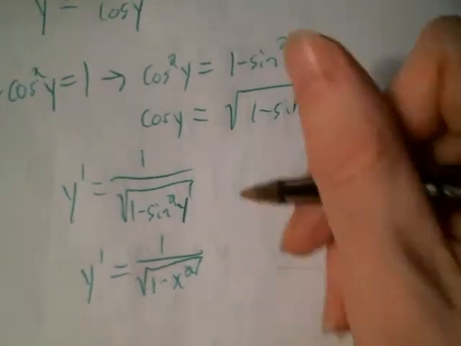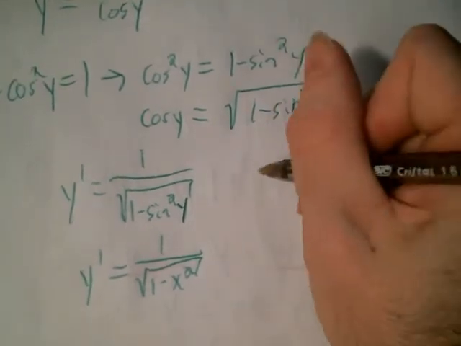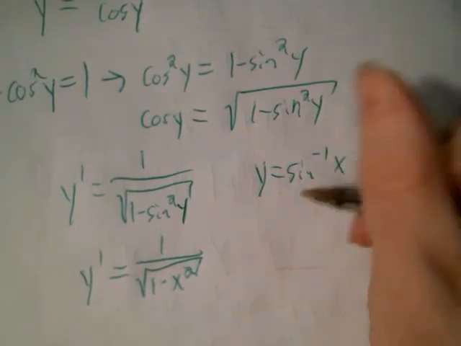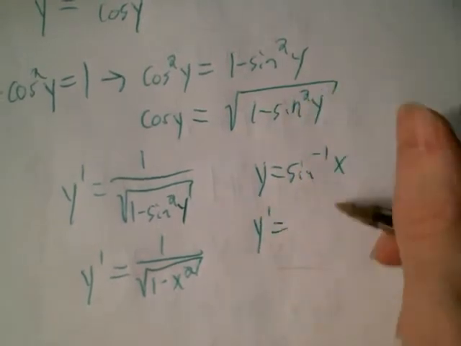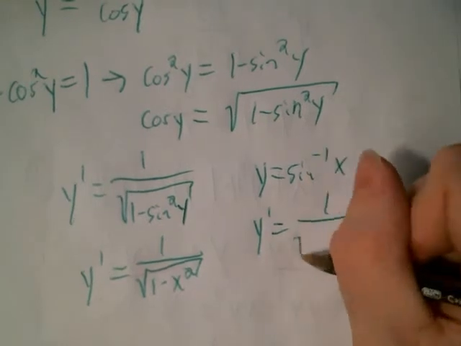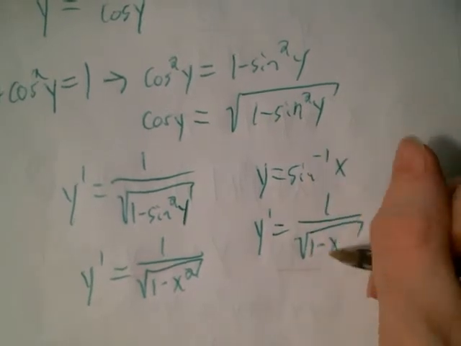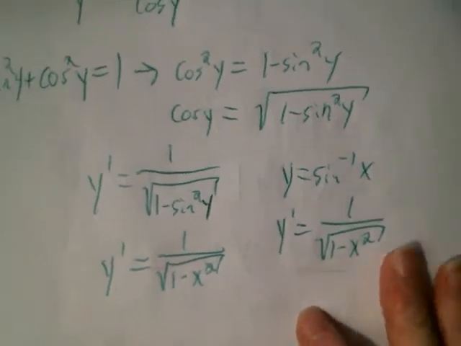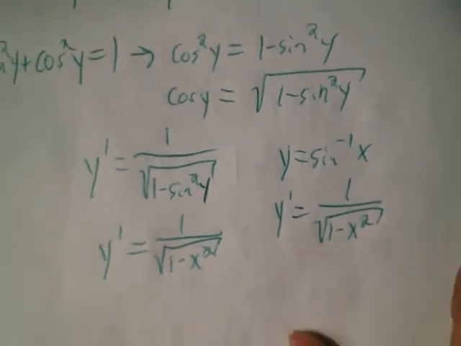So if you have y equaling sine inverse of x, its derivative, which we'll need to have encoded into our brain somehow, is 1 over the square root of 1 minus x squared. We'll probably be investigating that more later.